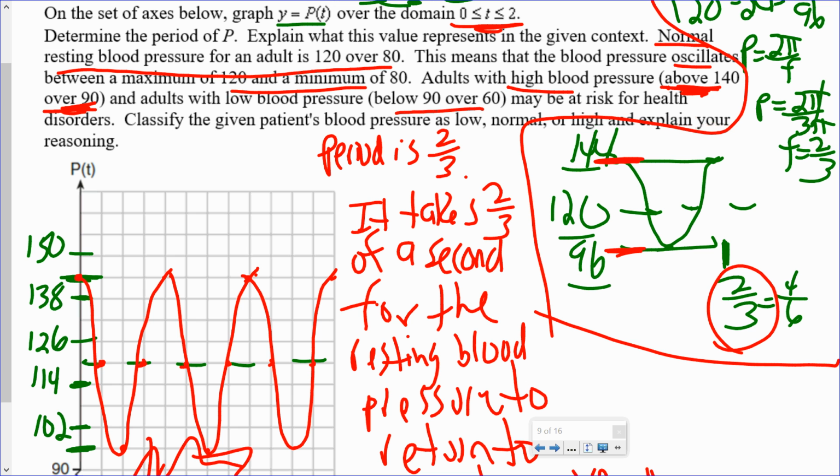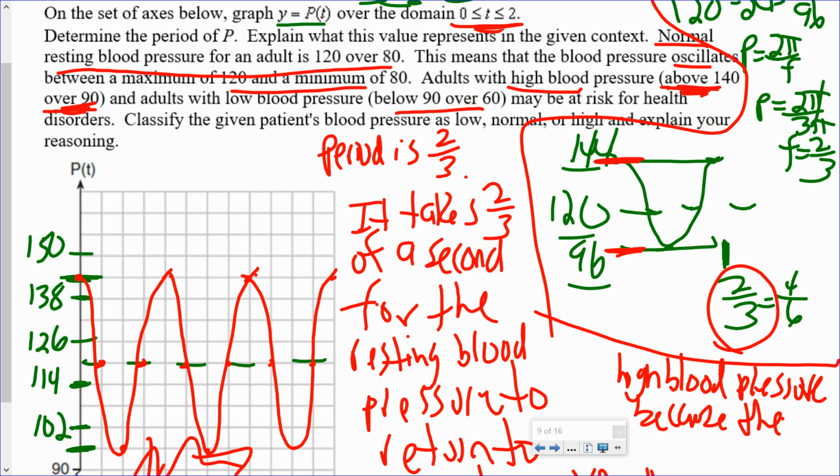It looks like we have high blood pressure, because the range is 96 to 144. Sorry if it's a little sloppy, but a lot of stuff to put on this question.